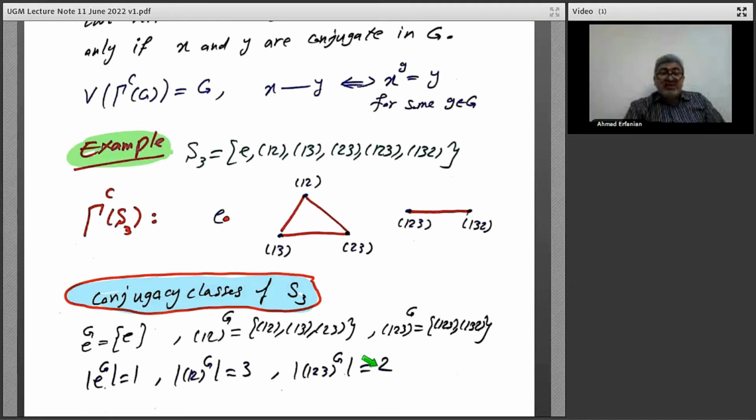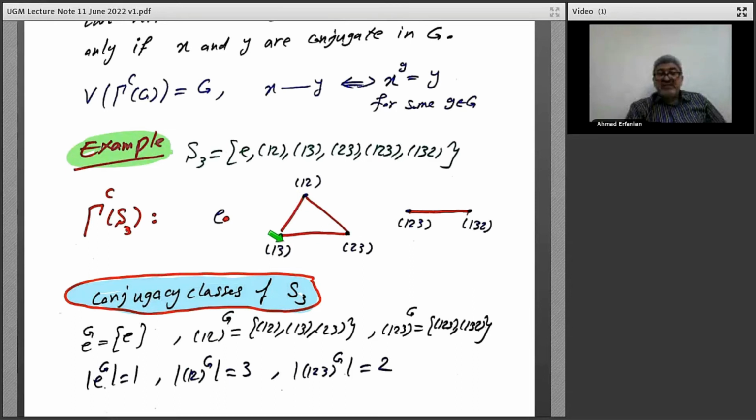So we have 3 distinct conjugacy classes, and the size of the first one is 1, and the size of the second conjugacy class of (1 2) is 3.